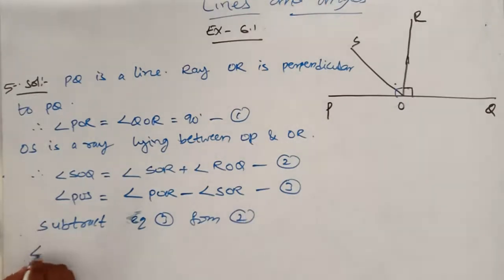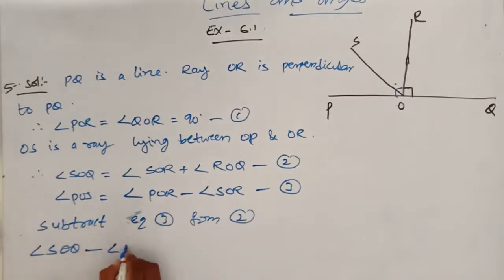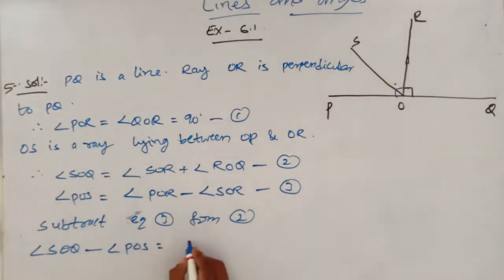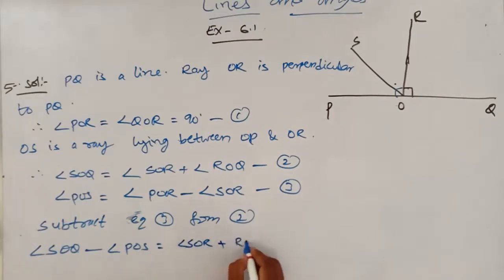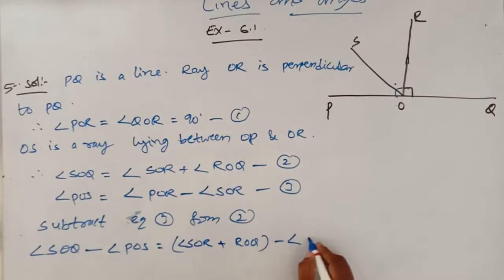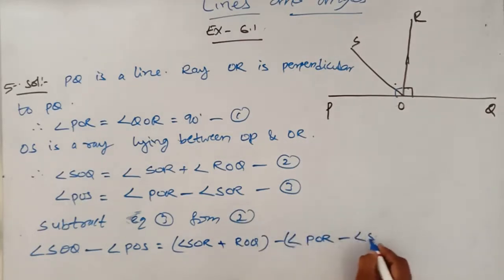I am subtracting: angle SOQ minus angle POS is equal to angle SOR plus angle ROQ minus, angle POR minus angle SOR.